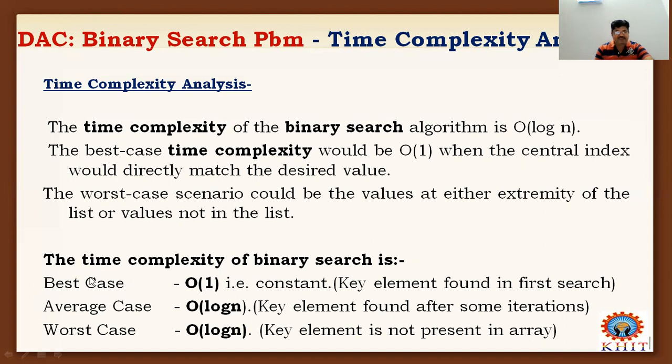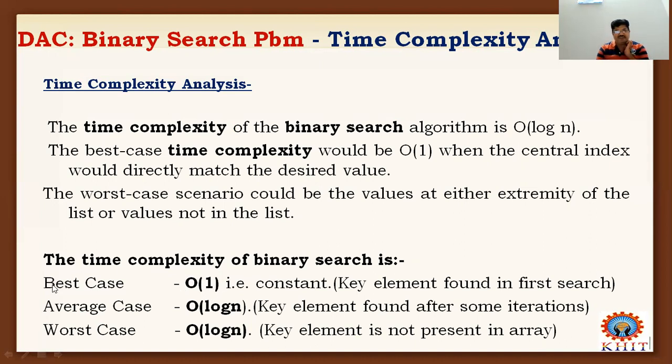So if the key element is equal to the mid element, that is, in the given array a of mid equals key, that means the middle element of the array equals the searchable element. In this case, within a single iteration, within a single step, we will get the answer.